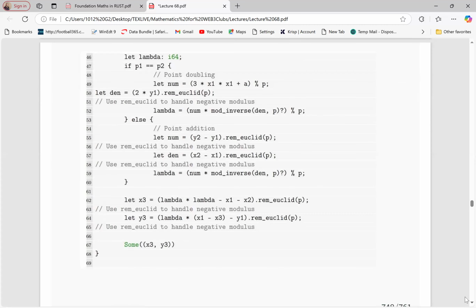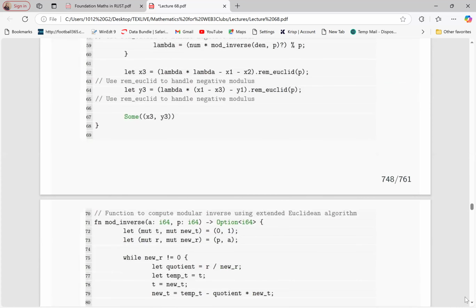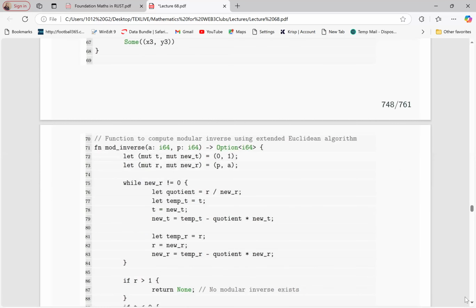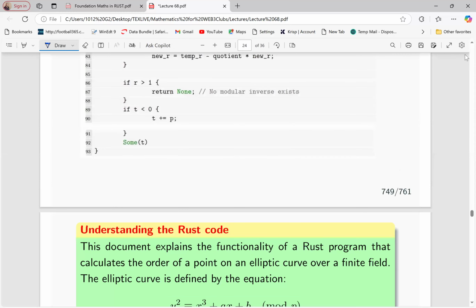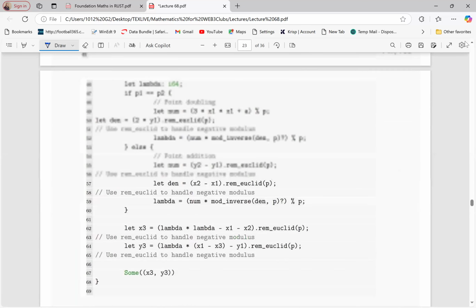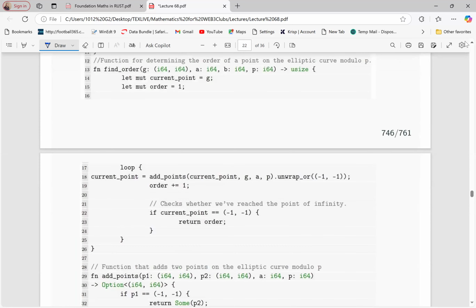Okay, so I've added notes inside this code. You can follow that. Of course, you have to get the inverse when you're doing summation, because the denominator must be inverted and so on. And then for you to get the order, you begin adding a point to itself. We have written here, add the points.